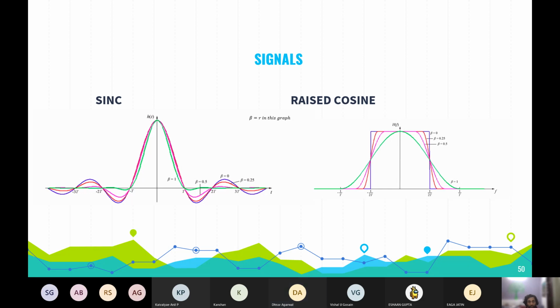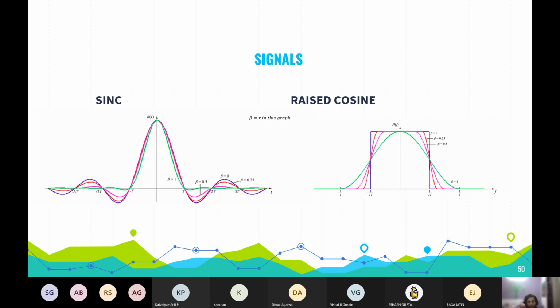Okay. So raised cosine is another curve that we use for this. Raised cosine is basically the other lines that you see, this green one, this pink and red one. These are the raised cosine curves. Their formula is defined and then we calculate their pulse in time domain.